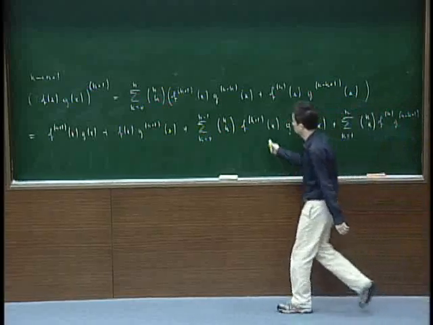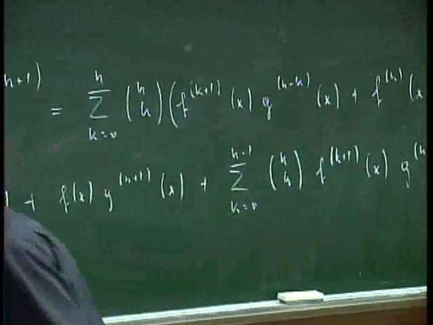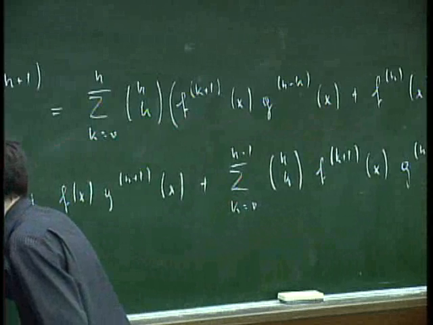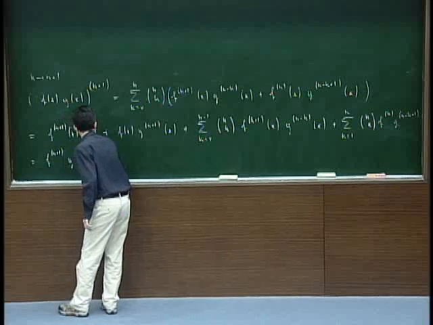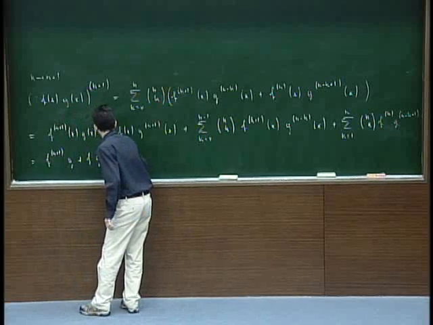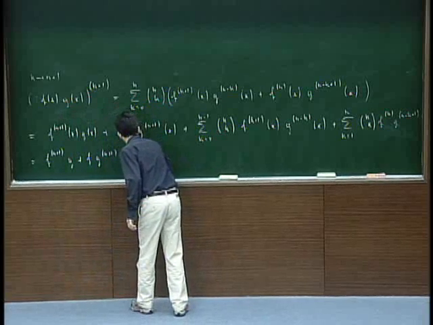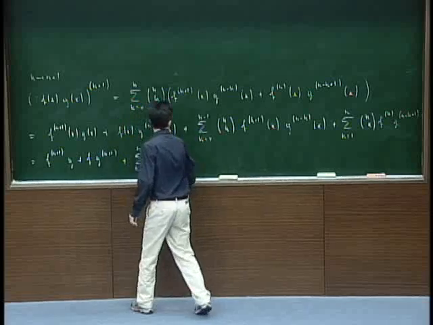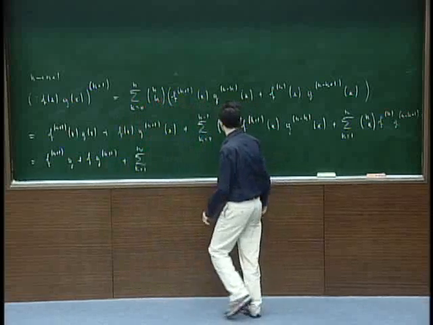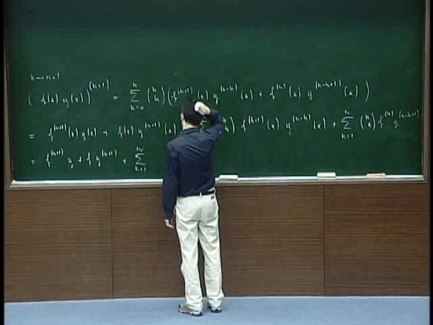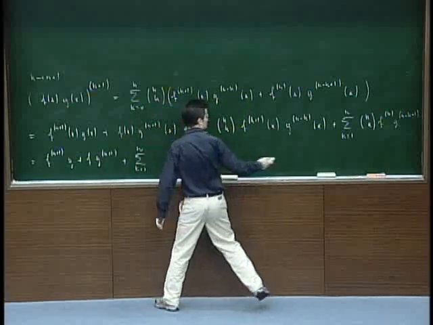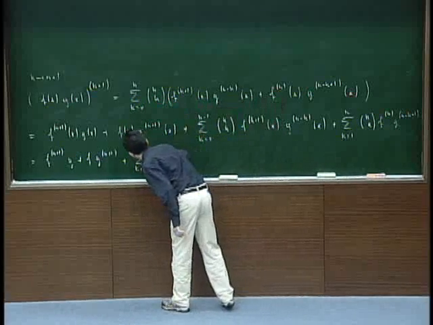Okay, now we shift here the index. So we have f n plus 1 g plus f g n plus 1 plus the sum, which should go from 1 to n. Actually, it doesn't matter. So let's shift the index in the second sum.